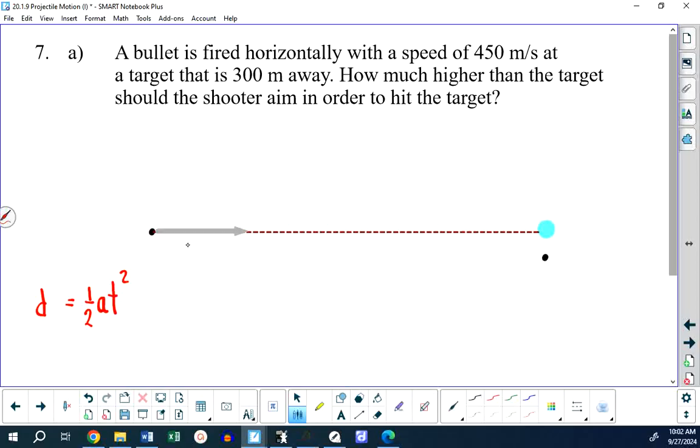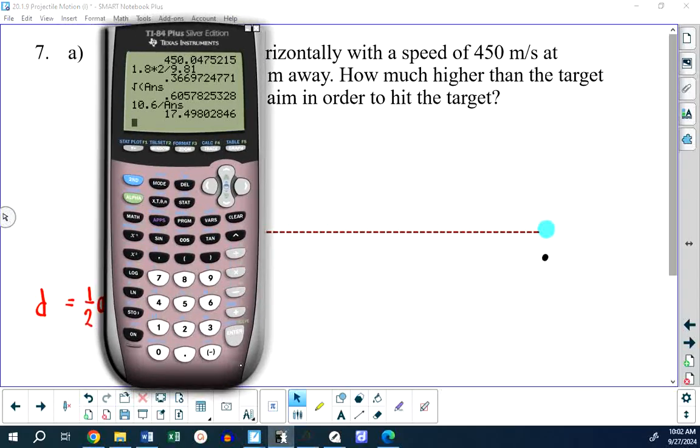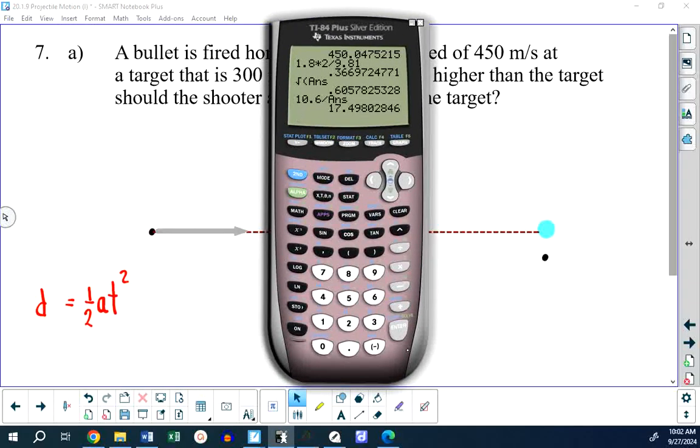You can't even say a word in half a second. 0.5 times 9.81 times 0.5 seconds squared. I'm just picking 0.5 because it's 1.2 meters. You getting the same number? That's staggering. You wouldn't think that an object falls that far in half a second.